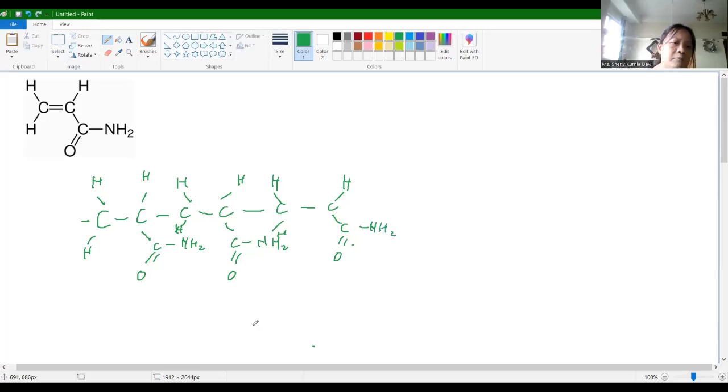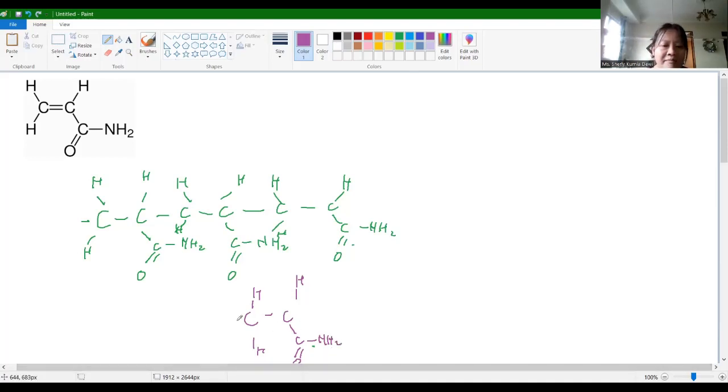How about if you should do it as a repeating unit? So the repeating unit of this one, I will use another color, is this one. C, H, H, H, C, O, and H2. This is the repeating unit.